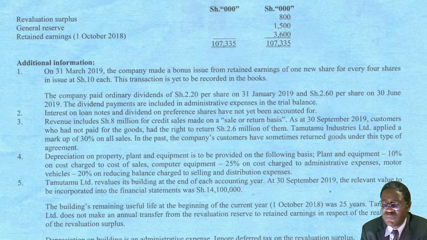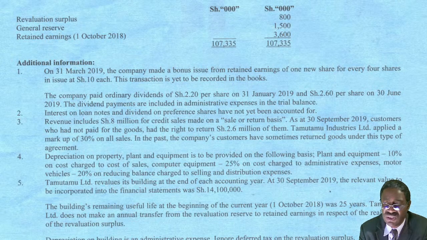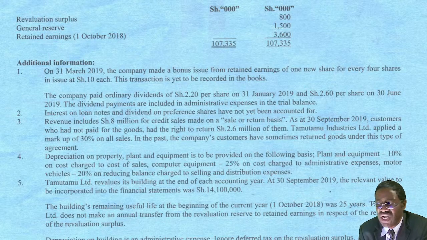depreciation on property, plant, and equipment is to be provided on the following basis. Plant and equipment, 10% on cost, charged to cost of sales. That's okay. Computer equipment, 25% on cost, charged to administrative expense. That's okay.